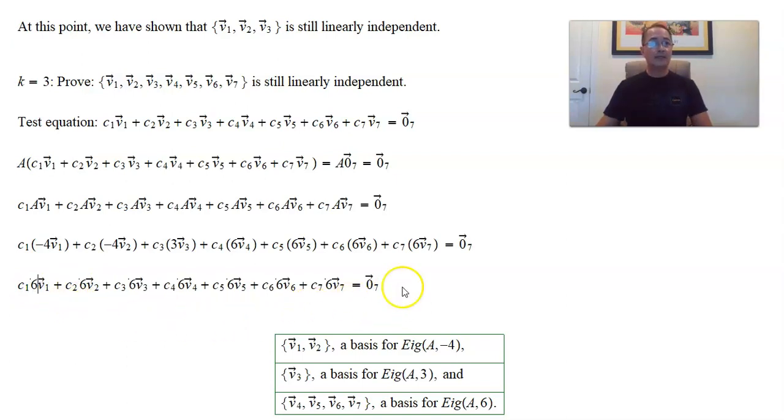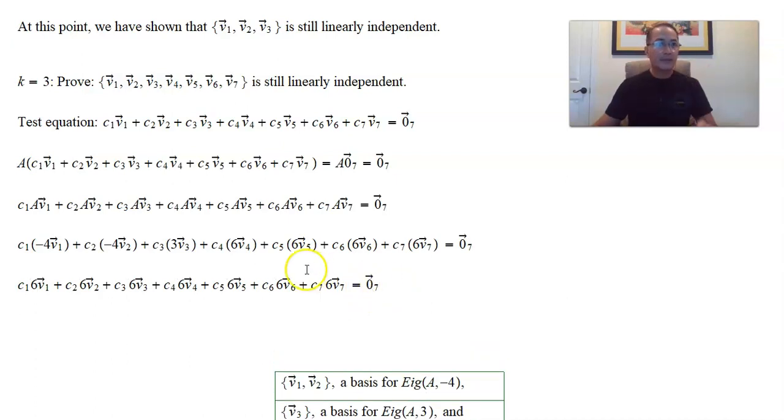Because what we're going to do next is we're going to subtract this equation from this equation. And of course 6 times 0 is still 0. Don't waste time. So now the last 4 vectors are going to get canceled, and we only get as our survivors the first 3 vectors.